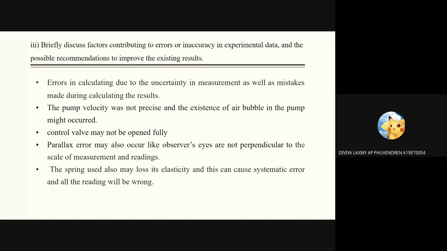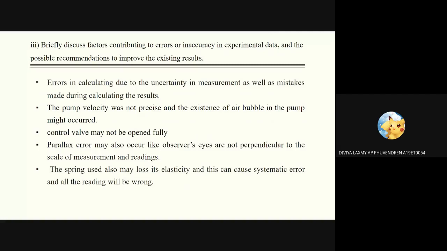Briefly discuss factors contributing to error or inaccuracy in experimental data and the possible recommendations to improve the existing results. So first one is the error in calculating due to the uncertainty in measurement as well as mistakes made during calculating the results. Second is the pump velocity was not precise and the existence of air bubbles in the pump might occur.